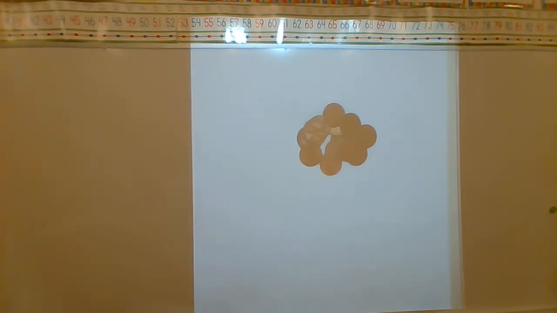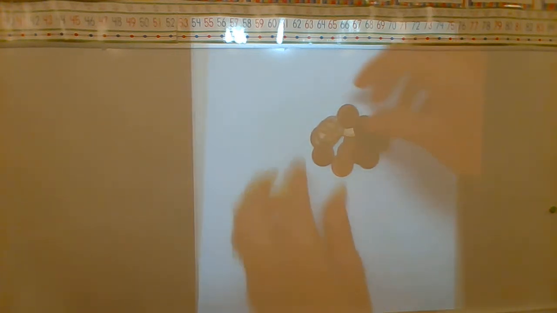Multiplying by fives. If I had a group of pennies, like maybe these pennies, and I know I'm pretty good at counting by fives. I don't want to brag or anything, but I know you are too. So I'm going to put these pennies in groups of five.